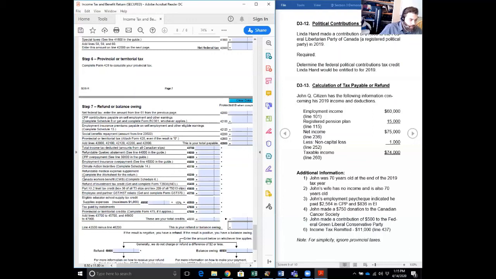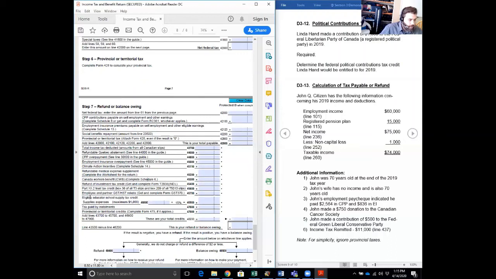And a refundable medical expense supplement, which is calculated on the worksheet. This is not quite like a tax credit, but it's a further way to reduce your taxes owing if you have low income but high medical expenses.